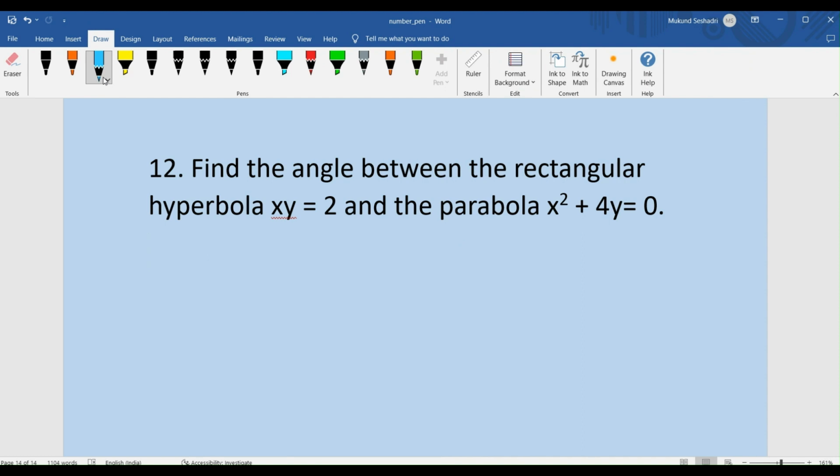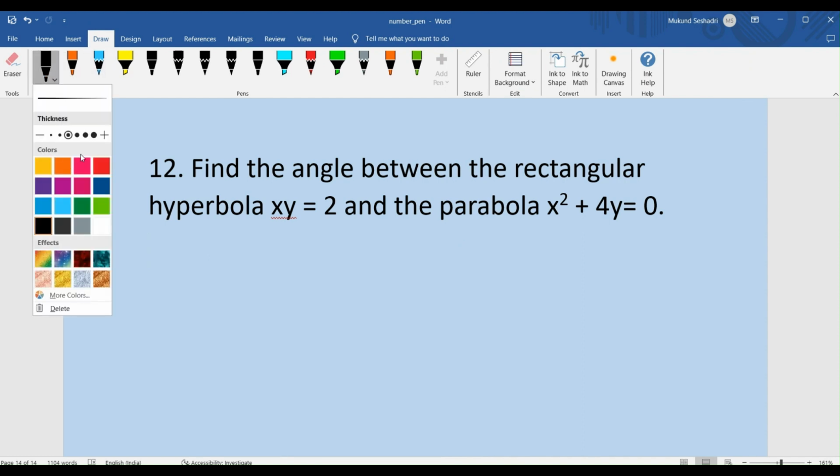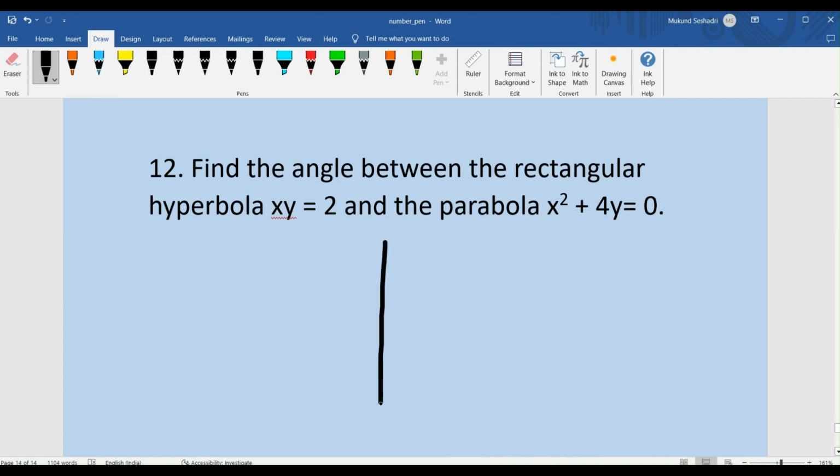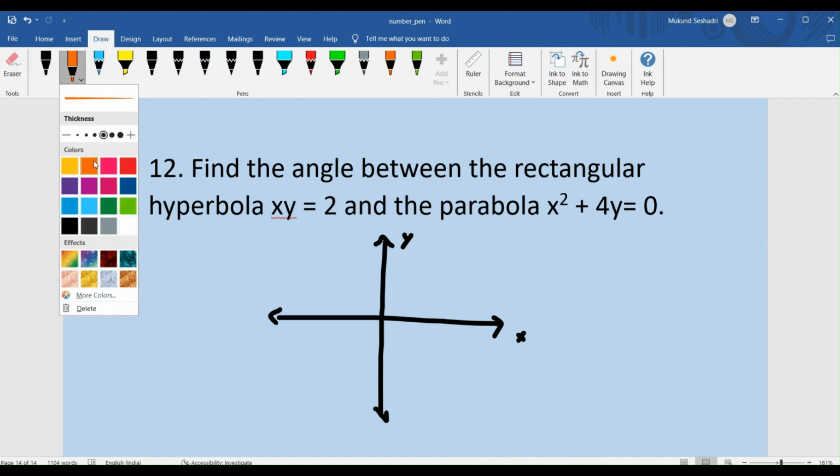Let me use the black pen to represent the axis. And here you have the x and y axis, right? Let me use a different colored pen.